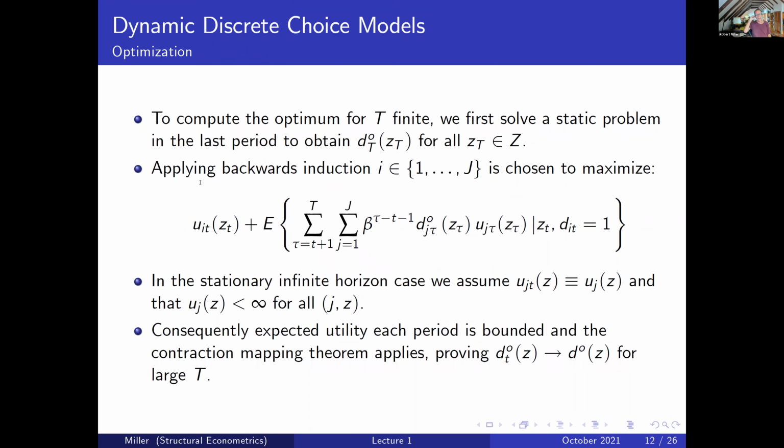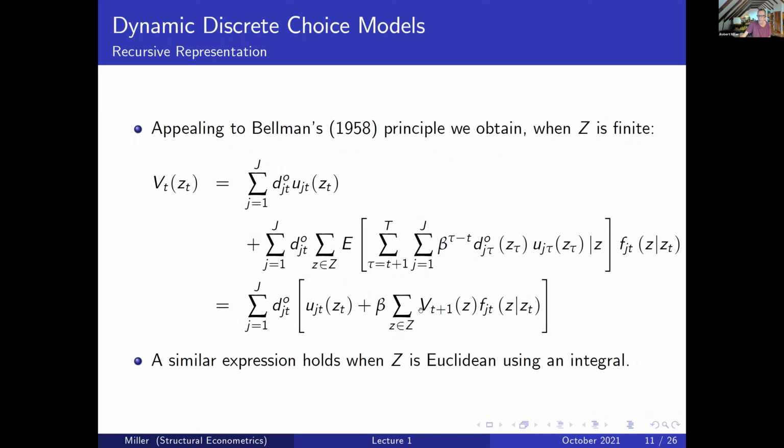So, one more slide, and then we'll take a 5-minute break. To compute the optimum, if T was finite, we just solve the static problem in the last period. It will just be a one-period problem because going back to here, there's no big V to follow. And so you'd just be optimizing over these little u's. So just choose the biggest utility.